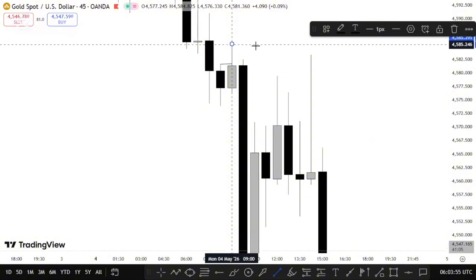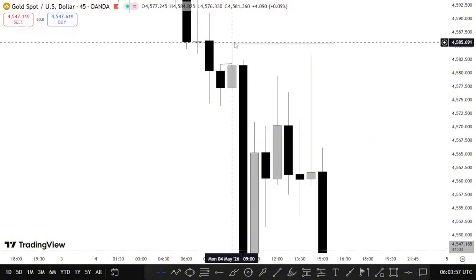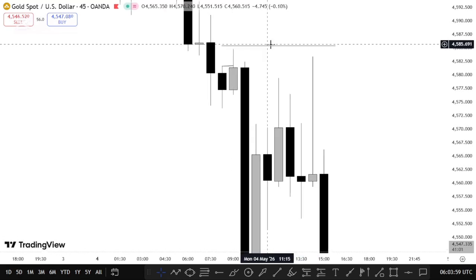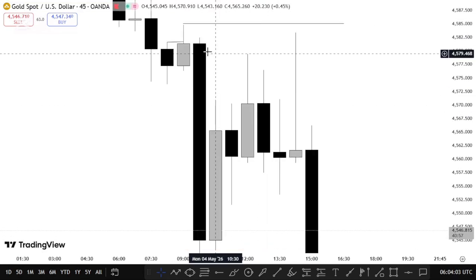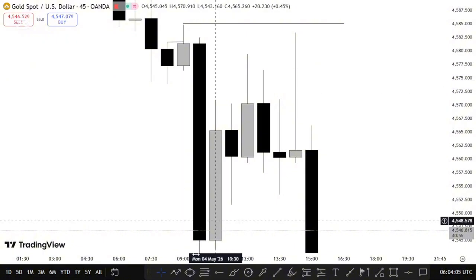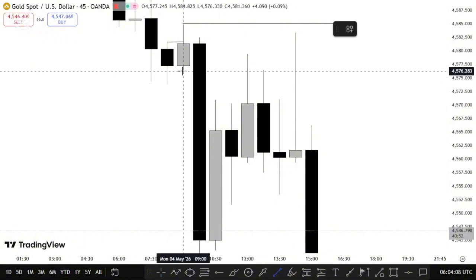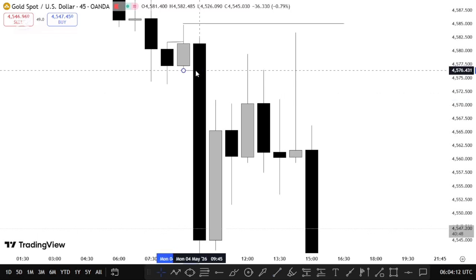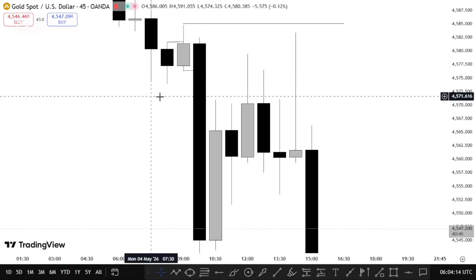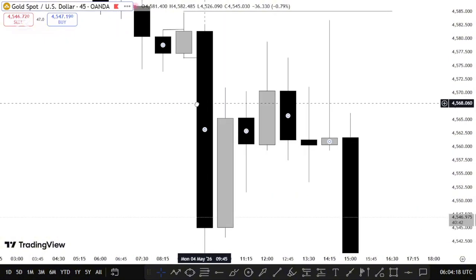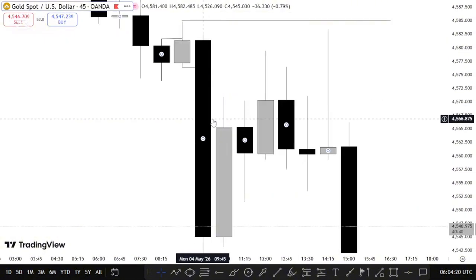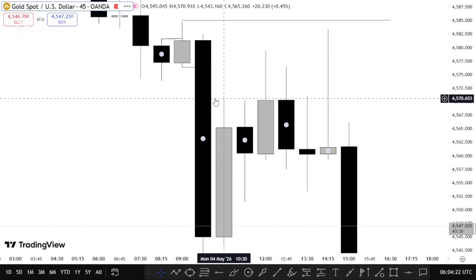Since that's established, candle two took out this candle's low. So since candle two took out that candle's low, what are we expecting? We're expecting candle three not to close.